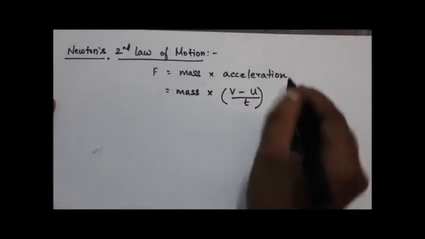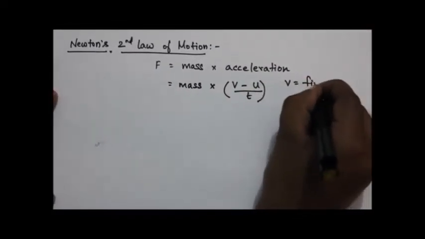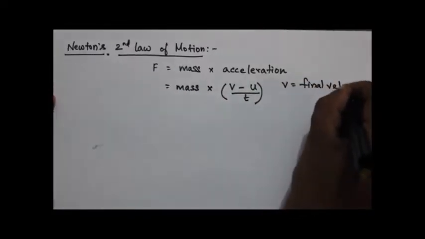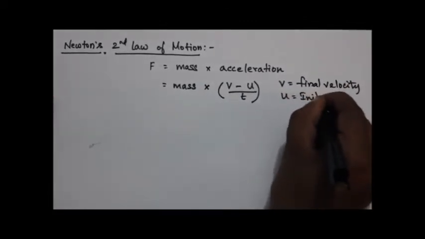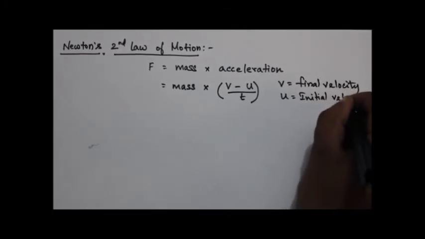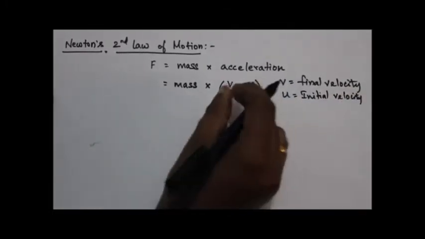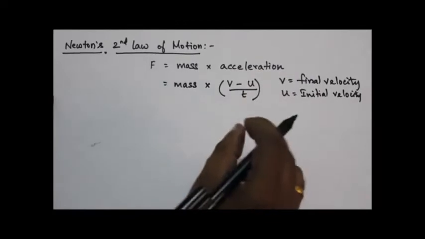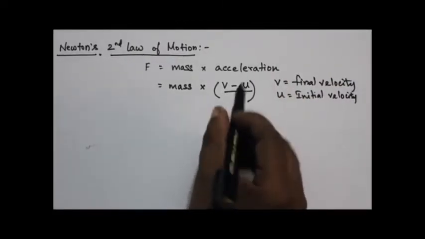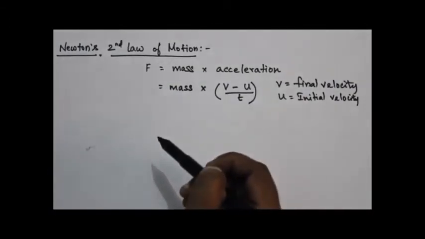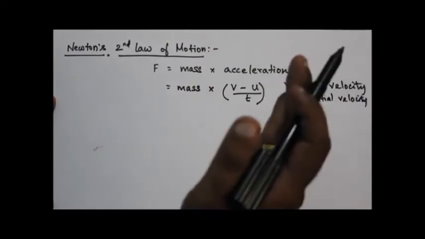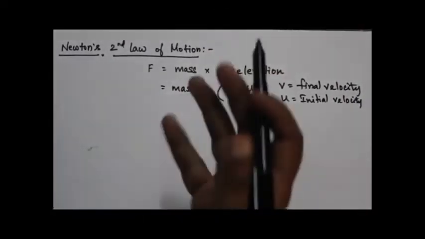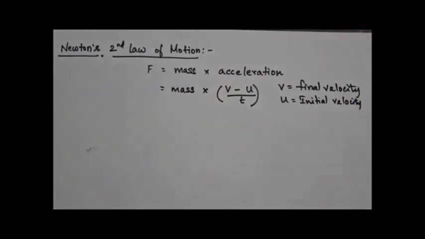So what are v and u? v is the final velocity attained by any body, and u is the initial velocity. This change in velocity, from initial velocity to final velocity with respect to time, is what we define as acceleration. I have also given you a basic example of a car moving at two different speeds in a given time period, and we also calculated the acceleration.